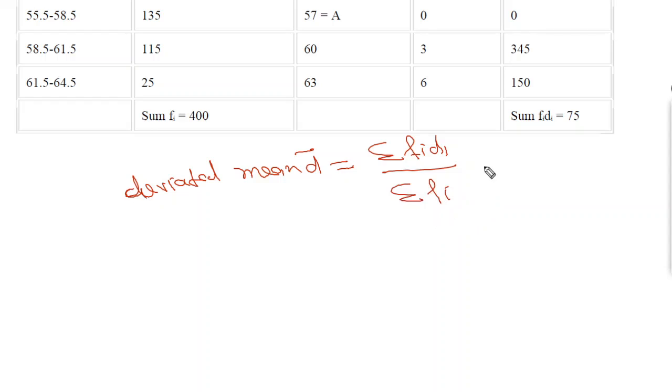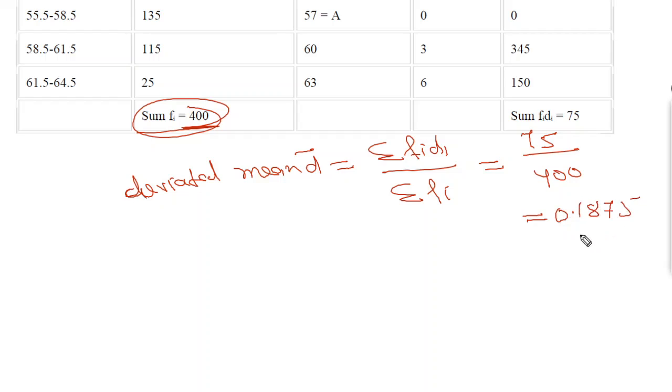Sigma fi di is your 75, divided by sigma fi, which is your 400. You have to find the sigma fi. So 75 divided by 400 will be equal to 0.1875. So this will be the deviated mean.